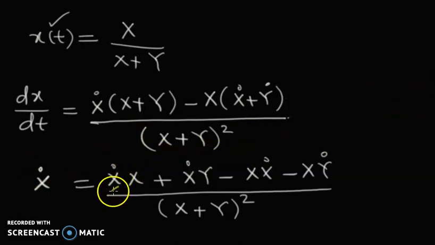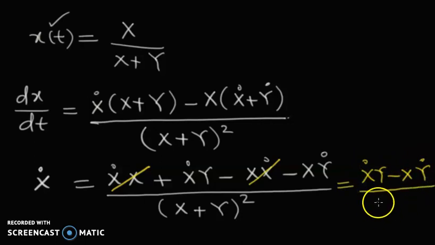So this term gets cancelled with this, and we are left with x dot y minus x y dot divided by x plus y whole squared.